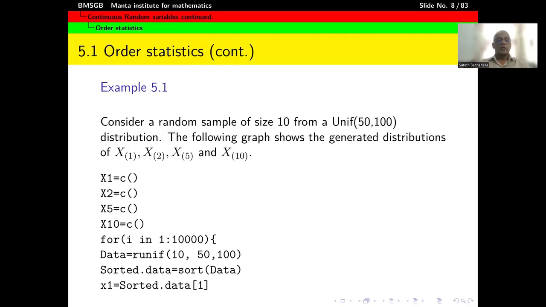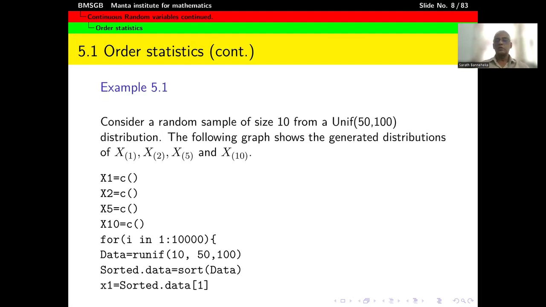And then for a particular realization, we can talk about a simple X within bracket 1, simple X within bracket 2, and so on to simple X within bracket 10 here. So what I'm going to look at, particularly in this case, is the following graph. I'm going to draw the graph of the distributions.